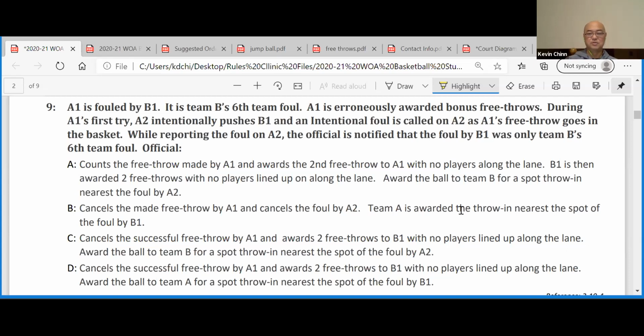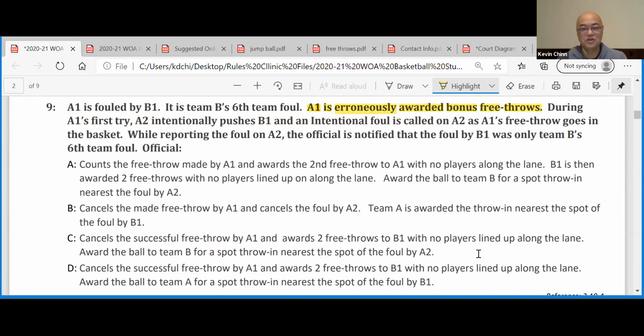And by definition, we don't shoot on the 6th team foul, correct? We shoot on the 7th. Yeah. So they're telling you A1 is erroneously awarded bonus free throws. That's the key right off the top, right? All right, so we know that.